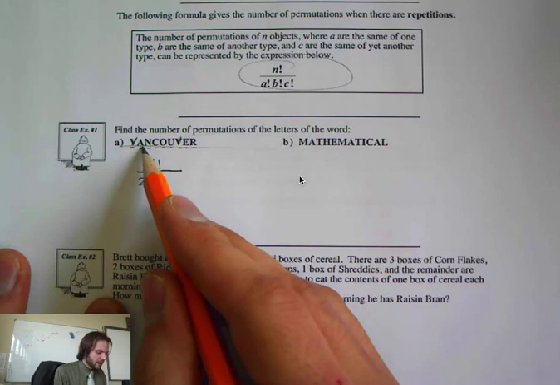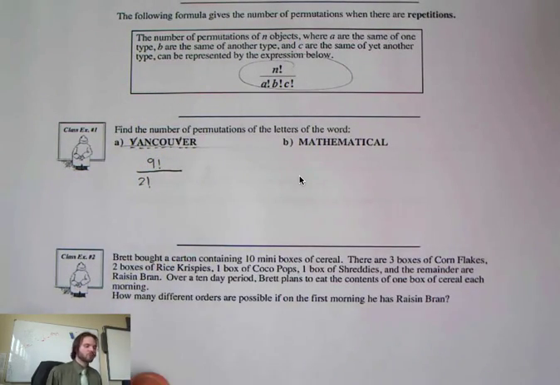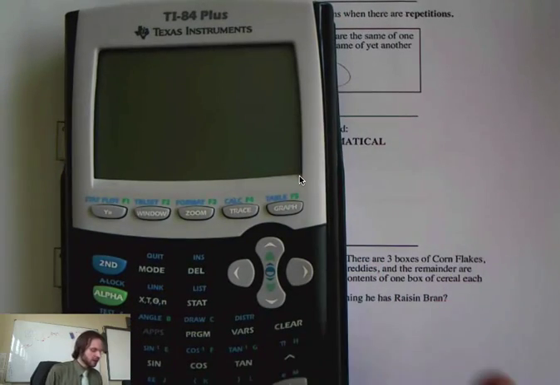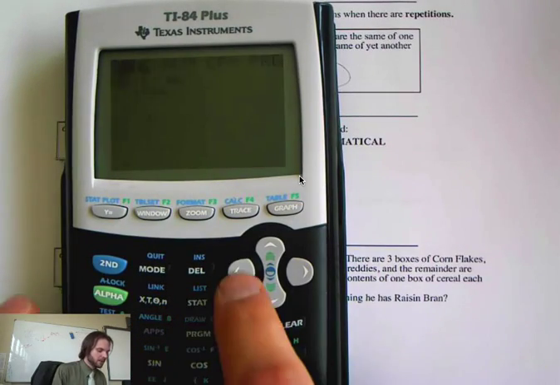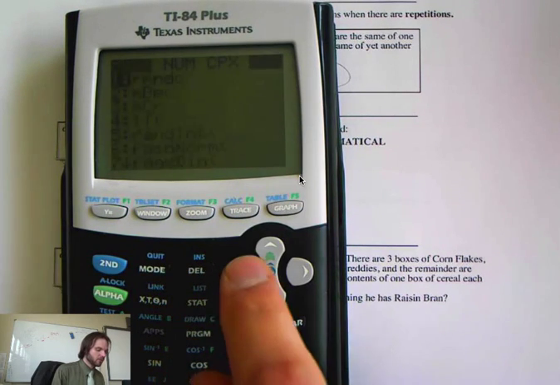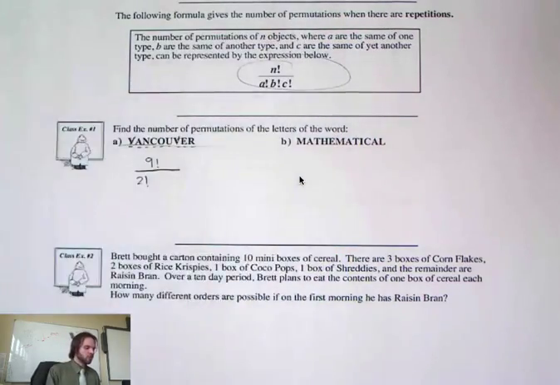No. 1 A, 1 N, 1 C, 1 O, 1 U. So it's just 9 factorial divided by 2 factorial to give me that answer, which will end up giving me, once I use my trusty calculator, I go 9, math over, factorial, divided by 2, math over, factorial, and that gives me 181440.